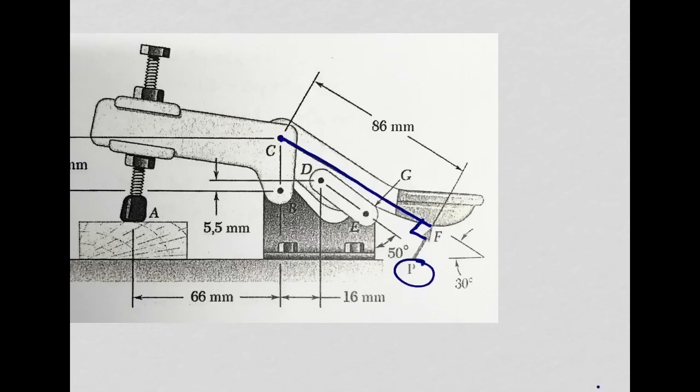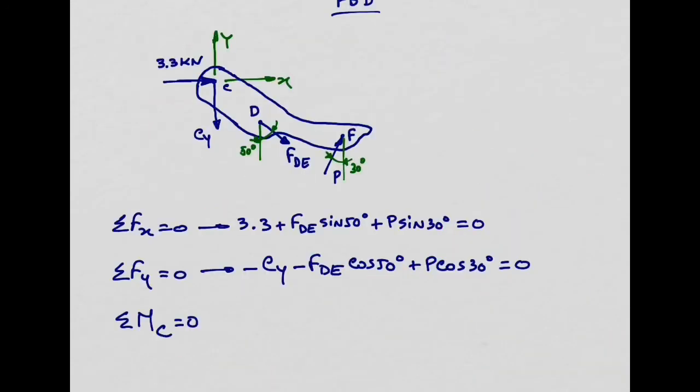So for the moment, I just need to use this distance, which is the distance in the perpendicular direction to force P. And that moment is going to be anti-clockwise. So I will get P times 86. P is unknown. That's what we want to know in the question at the end. P will be in kilonewtons. We are working with kilonewtons for the forces, so everything we calculate for the forces is going to be in kilonewtons.